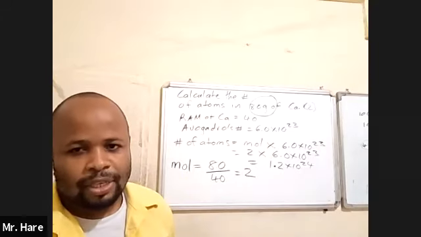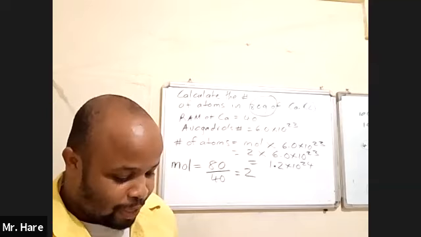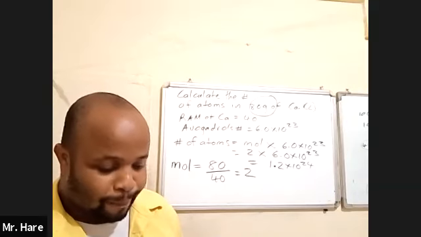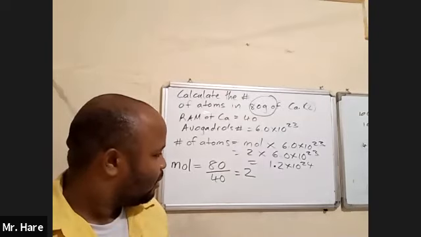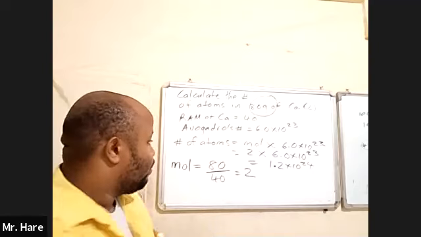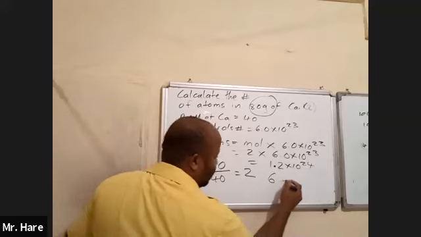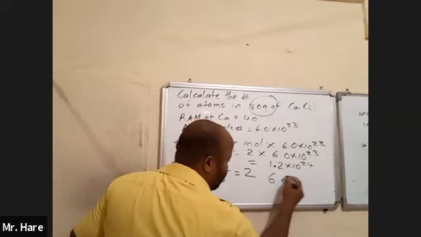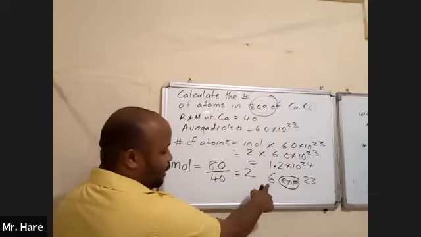You press exponent 23. So you press 6, EXP, 23. I put 6.0 times 10 EXP 23. No, don't press times 10. Press 6, the EXP button, then 23.